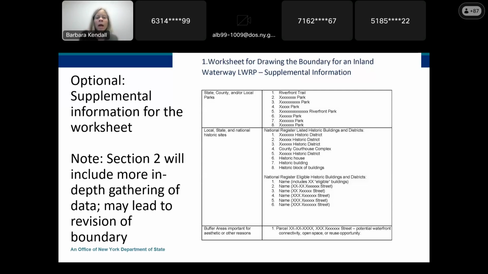And then after your first public meeting, people from the community may come up with ideas of what to include. And you may start gathering more data, and you might need to expand it somewhat. Again, remembering that everything will need to be justified if it's expanded for a coastal area or for an inland waterway area. We kind of look at everything that you're including and what your justification is.